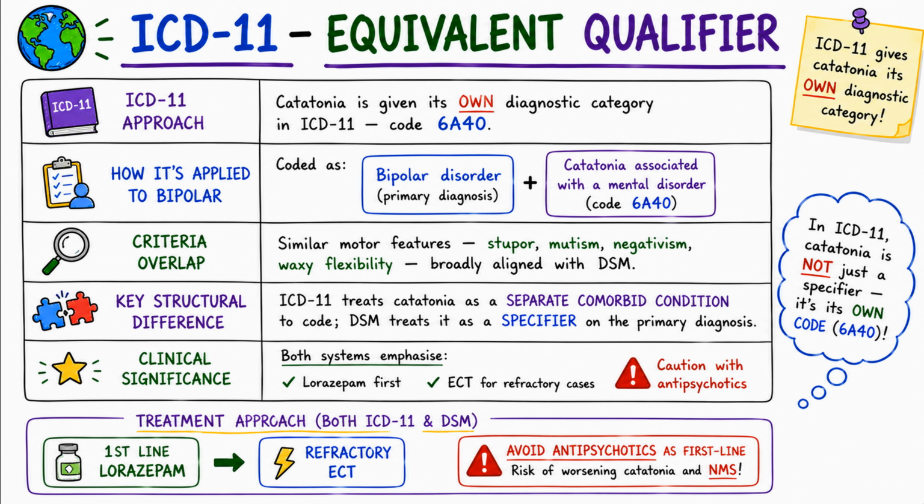It's a comorbid coding approach rather than a specifier approach. DSM just adds it as a specifier tag on the mood episode. Conceptually, they're capturing the same patient. The clinical guidance is identical in both systems: benzodiazepines first, ECT for refractory cases, and careful avoidance of antipsychotics as first-line treatment. For exams, the ICD structural difference, its own separate code rather than a specifier, is the testable distinction.